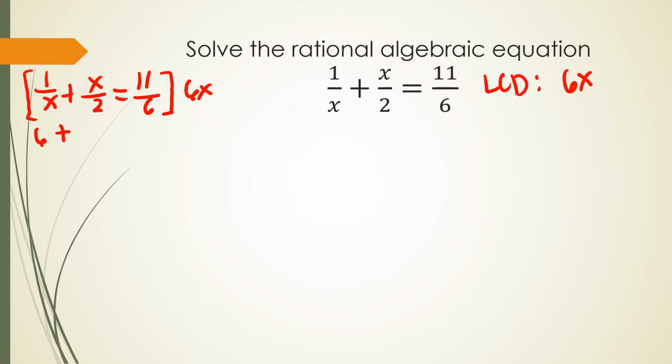Plus, 6x divided by 2, that is 3x, times x. So, we will have here 3x squared is equal to 6x divided by 6, that is x, times 11, we have 11x. So, we need to arrange it into standard form of a quadratic equation. So, we have 3x squared minus 11x plus 6 is equal to 0.